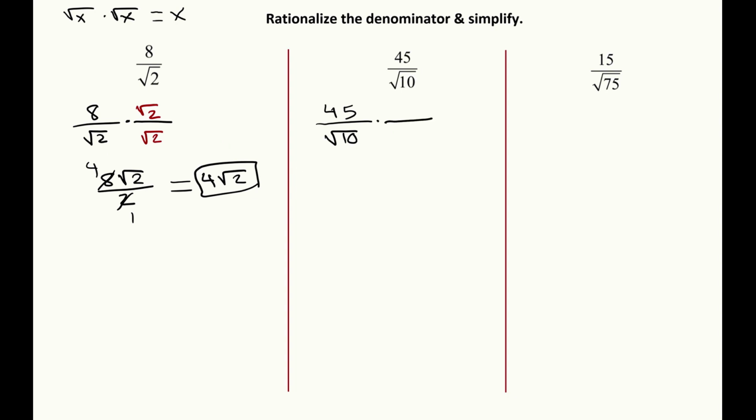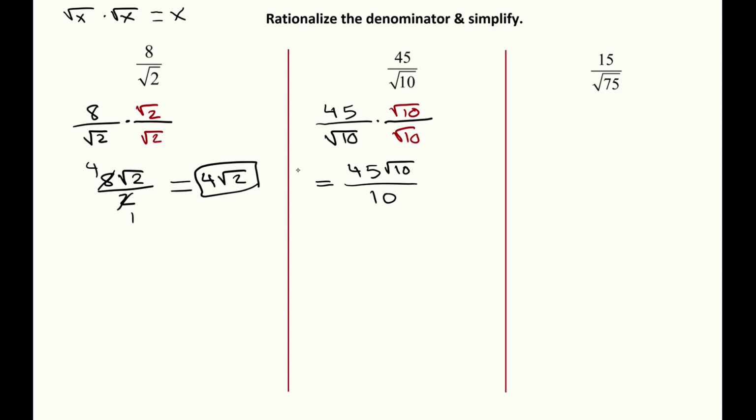We're going to multiply by square root of 10 down here, which means we have to multiply by square root of 10 on the top as well. So when we do so, we end up with 45 radical 10 over 10. And as always, we will simplify before we call it quits.